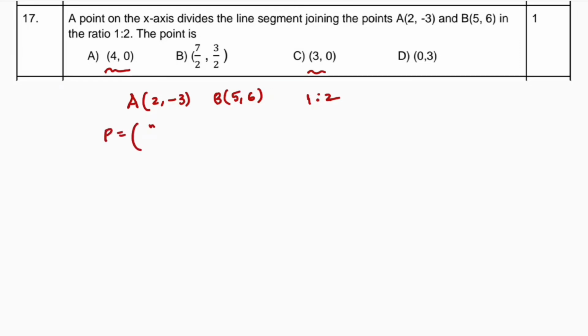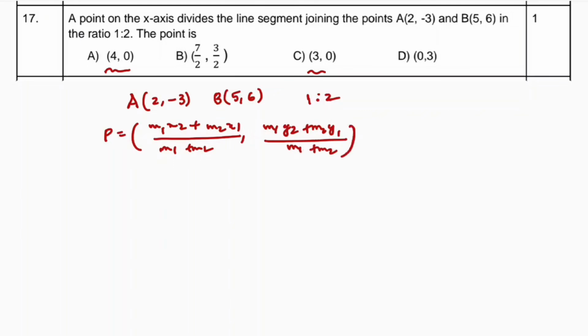The formula is m1 x2 plus m2 x1 by m1 plus m2, m1 y2 plus m2 y1 by m1 plus m2. Only x will be sufficient, but we'll do both. So m1 m2 is 1:2, x1 y1, x2 y2.